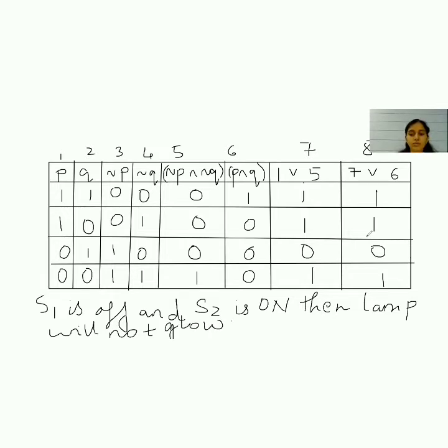Let us go to the next one of question 4. So we are on the third one now. The circuit diagram of the third one: we have S1, S2 dash and S3 dash in parallel.